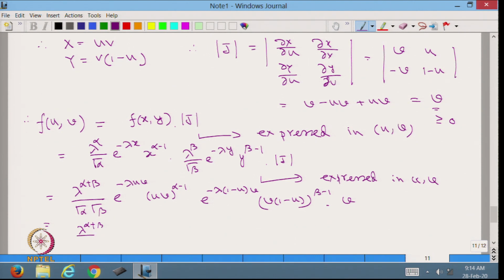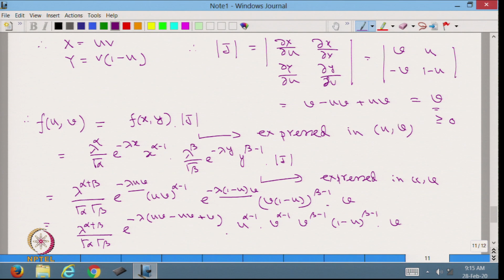This is equal to lambda power alpha plus beta upon gamma alpha gamma beta e to the power minus lambda, u v minus u v plus v, by combining these two, into u to the power alpha minus 1, v to the power alpha minus 1, v to the power beta minus 1, 1 minus u to the power beta minus 1, into v.